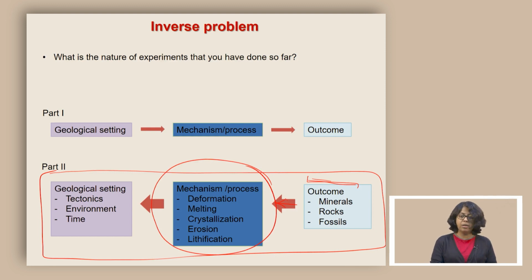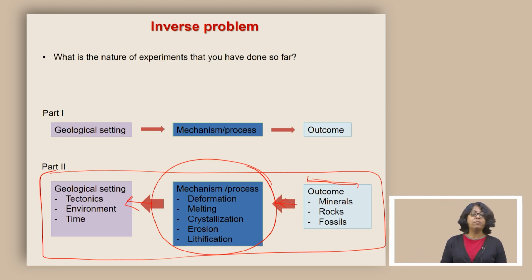And once we are convinced about the mechanism and we have a good understanding of how that process operates, that can lead us to reconstruct the original environment. Maybe it gives us more important features about how much time it took to develop these things.